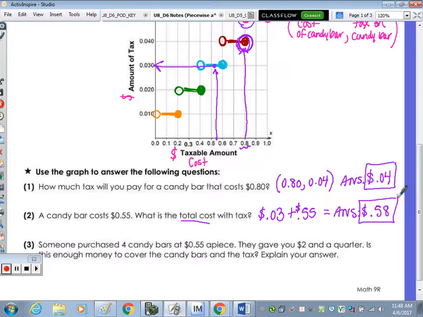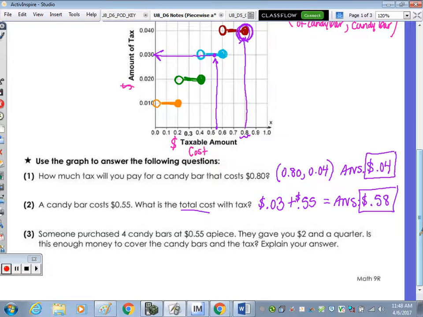And then last, someone purchased 4 candy bars at 55 cents a piece. They gave you $2.25, so together they gave you $2.25. Is this enough money to cover your candy bars? So we just figured out that they're 58 cents a piece with tax times 4 candy bars. That's a total cost of $2.32.